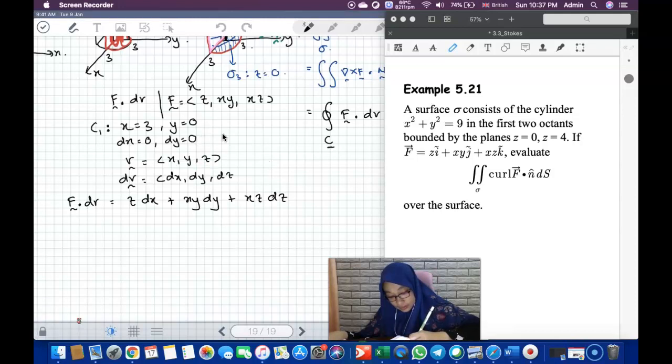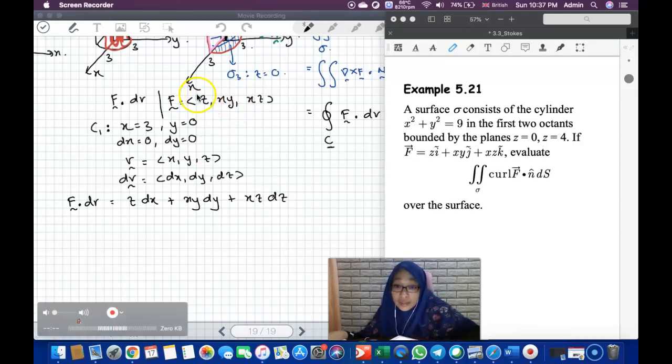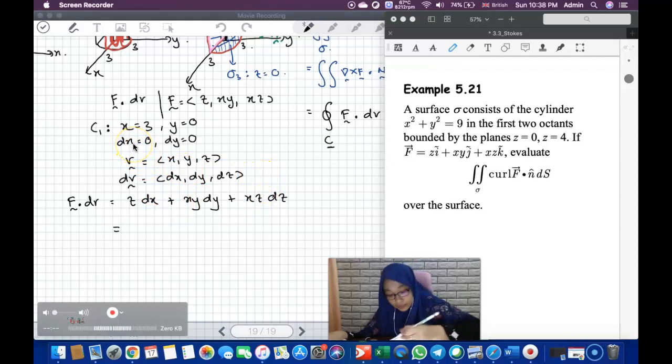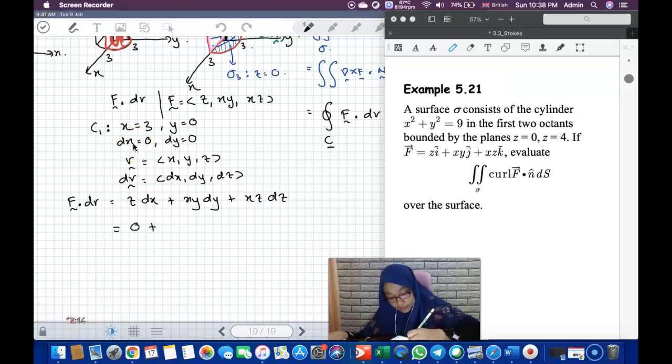So f dot dr: first component z multiplied by dx, xy multiplied by dy, xz multiplied by dz. Now we put in dx is 0, so we get 0, plus dy also 0, plus x equal to 3, so 3z dz. So our first line integral along C1 now becomes 3z dz.